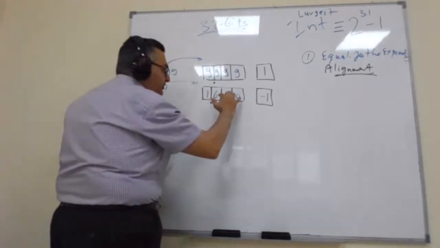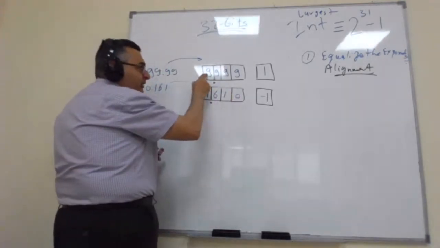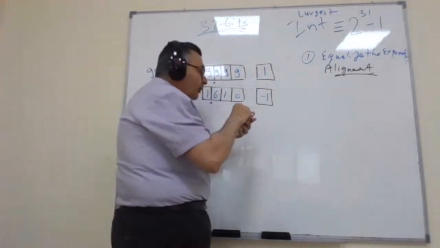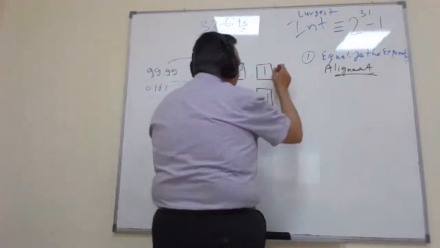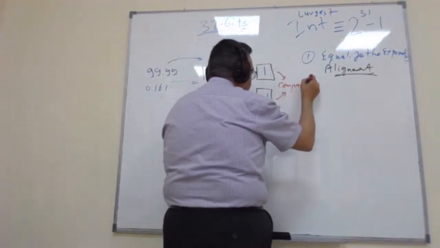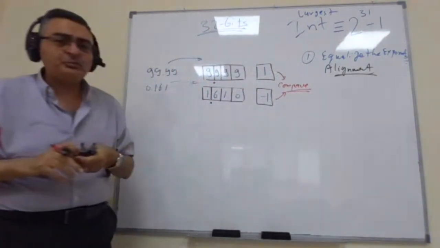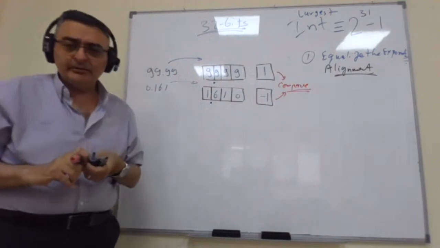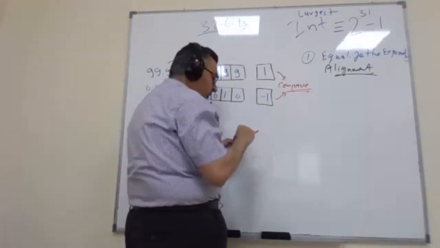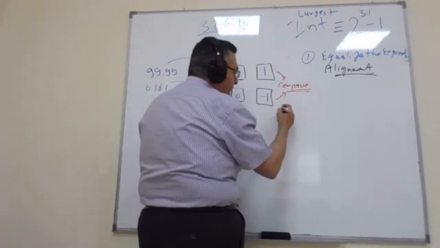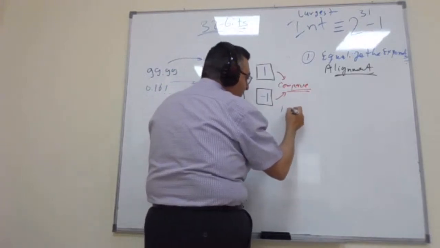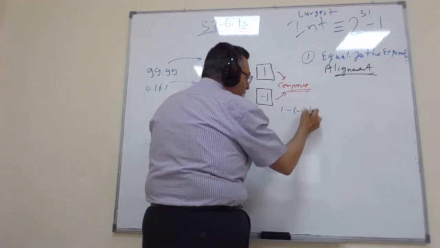Okay? Remember, if I shifted the bigger number, okay, I have first to compare between the two exponents. How many difference between the two exponents? So I have to subtract البيجر من السمولر. يبقى 1 minus minus 1.